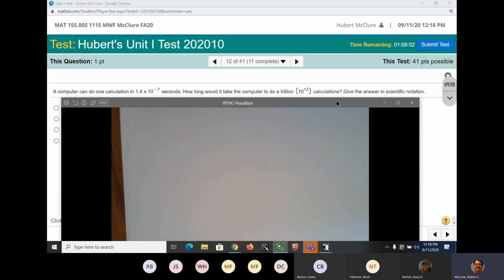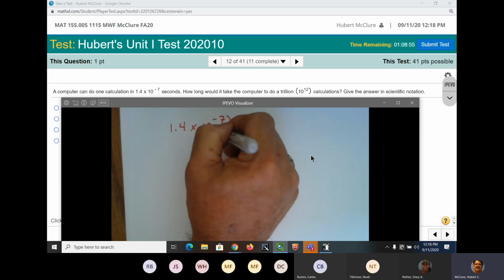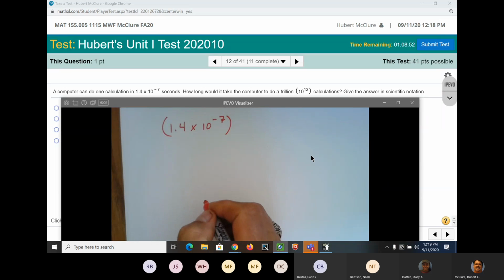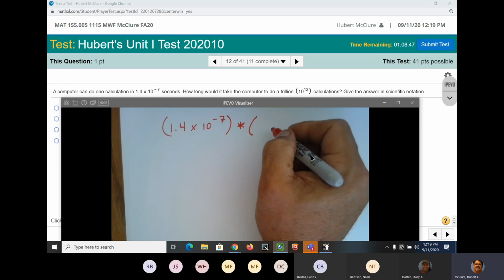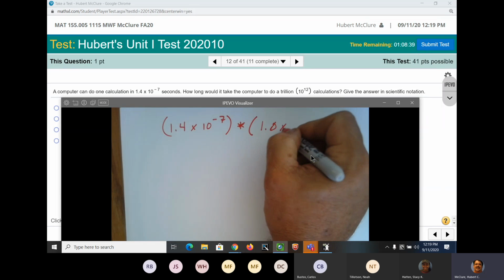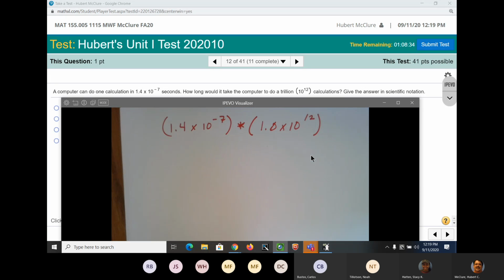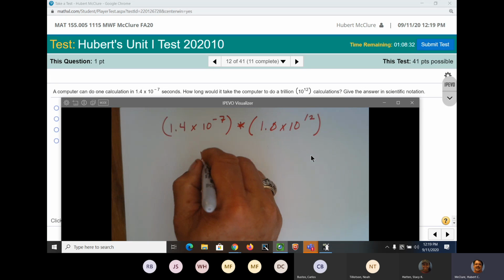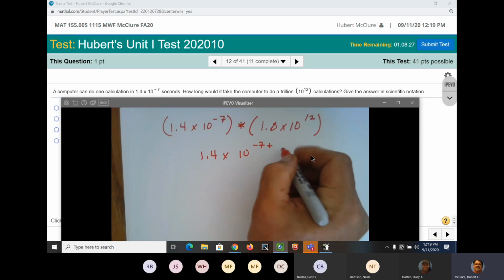A computer can do one calculation in 1.4 times 10 to the -7th seconds. How long, multiplied by, would it take you to do 1 trillion calculations? 1.0 times 10 to the 12th. So that's going to be 1.4 times 10 to the -7 plus 12.